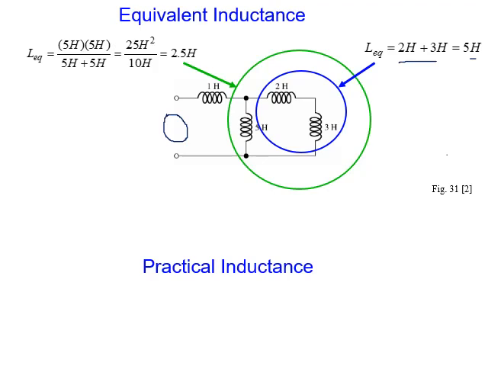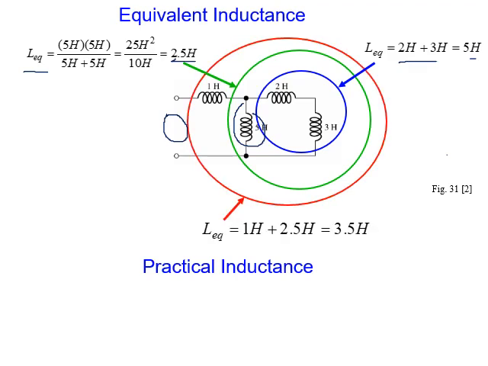And the result is connected with this one in parallel. So L equivalent will be 5 times 5 over 5 plus 5, which gives 2.5. The result will be connected with 1 in series, as you can see here. It's like dealing with resistances. The same principle applies here.